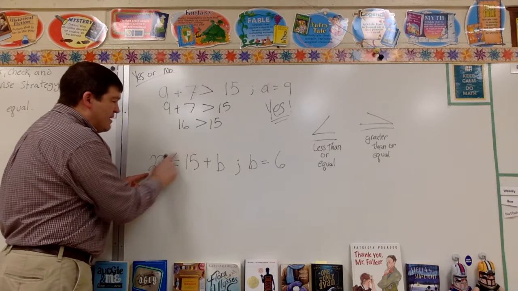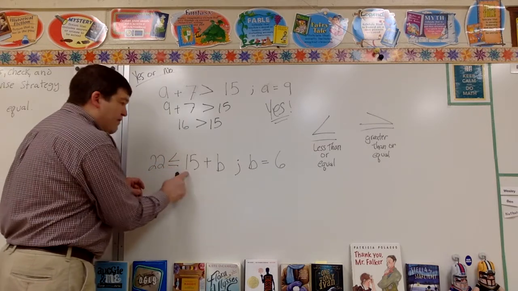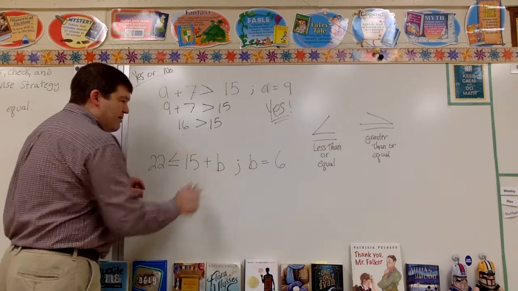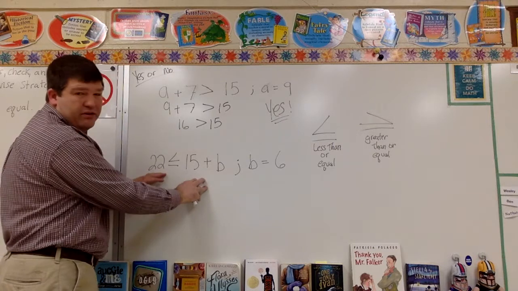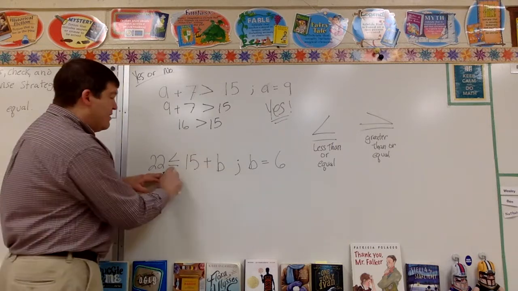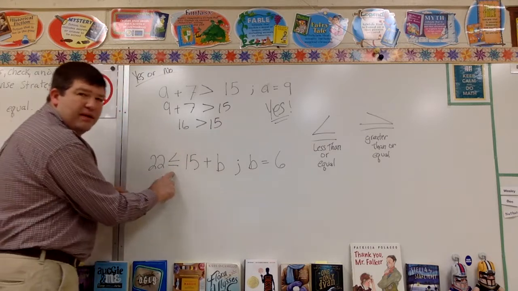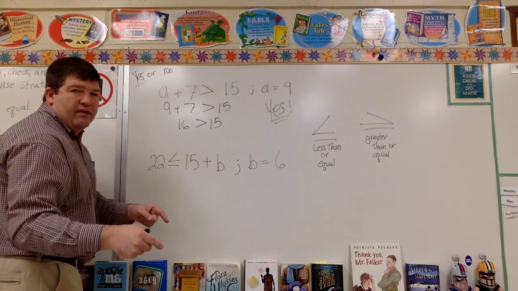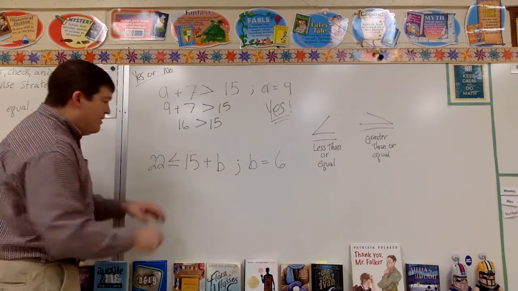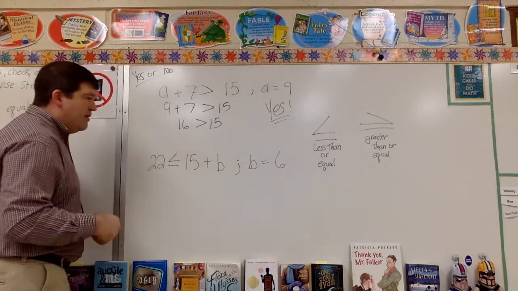Okay, in this one, I have 22 is less than or equal to 15 plus b. Now, if I get something on this side that's exactly 22, then I'm good because it can be equal. The only thing this can't be is 21 or less. It has to be 22 or more. So let's see.